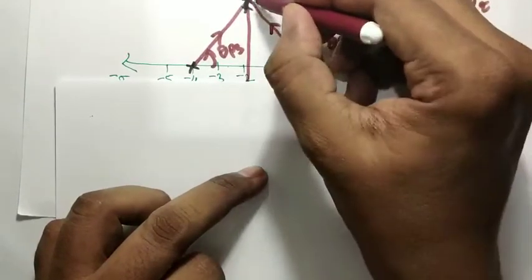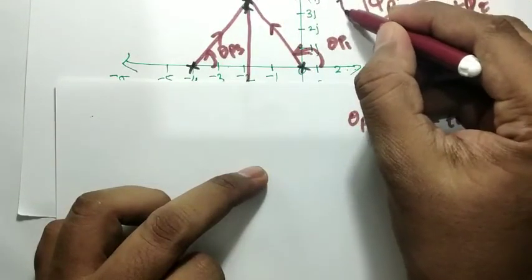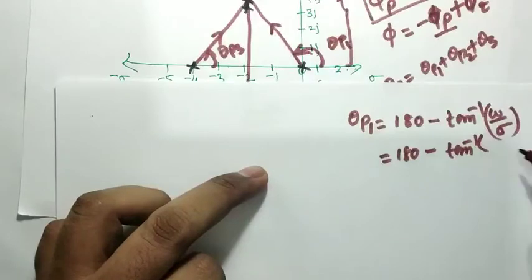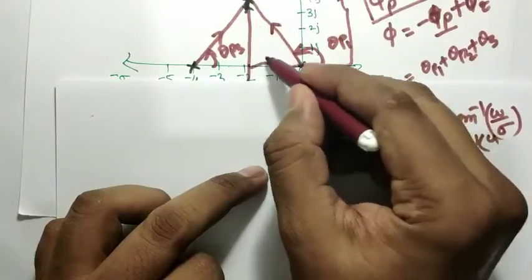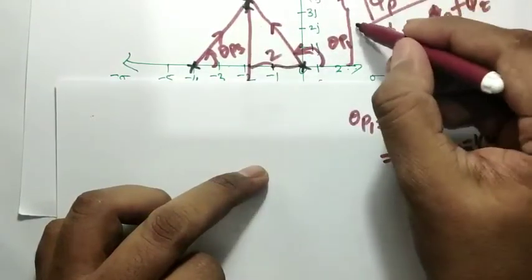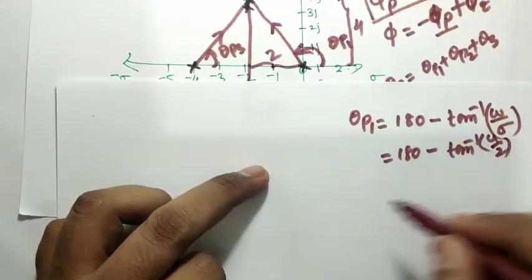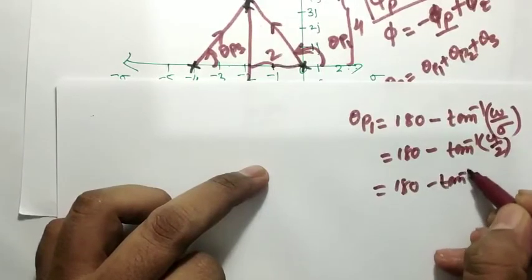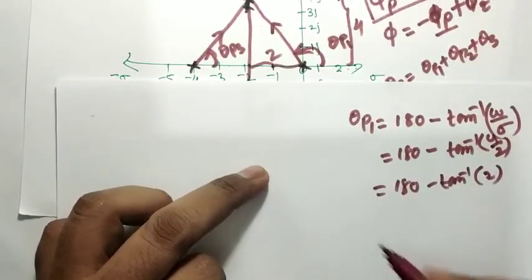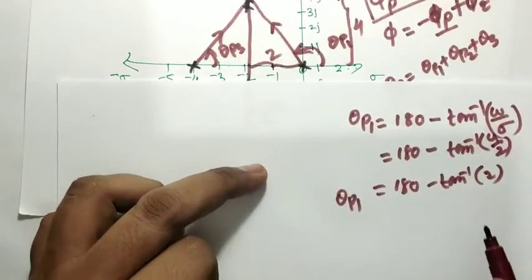Omega is 4, the length from here to here. The real part, from this to here, is 2 units. So theta p1 is equal to 180 minus tan inverse 2.